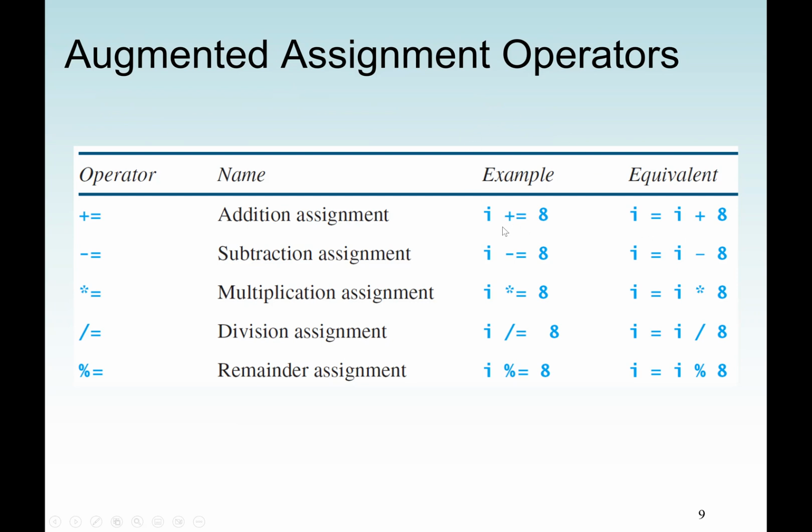So it's the same as saying i = i + 8. i -= 8 means i = i - 8. So I'm going to subtract 8 from i. Then the new result I will assign to i. So for example, instead of writing i /= 8, it is the same as saying i = i / 8.